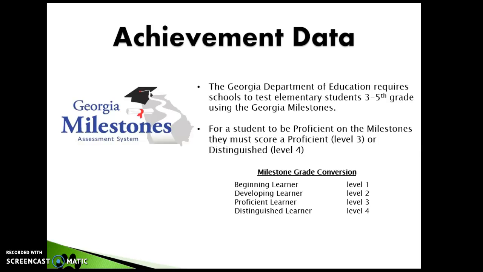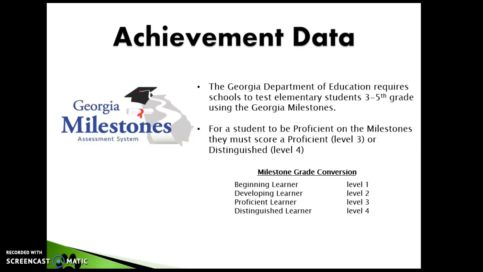The next thing we're going to look at is achievement data. The Georgia Department of Education requires schools to test elementary students in 3rd through 5th grade using the Georgia Milestones. For a student to be proficient on a milestone, they must score proficient, which is a level 3, or distinguished, which is a level 4.